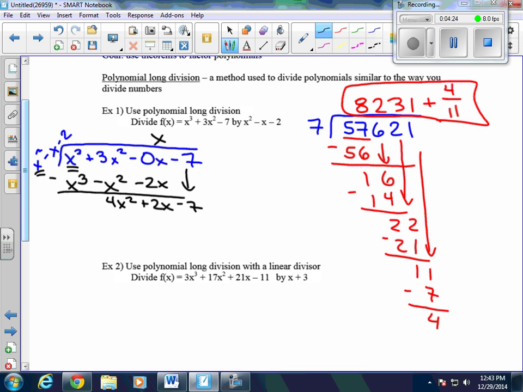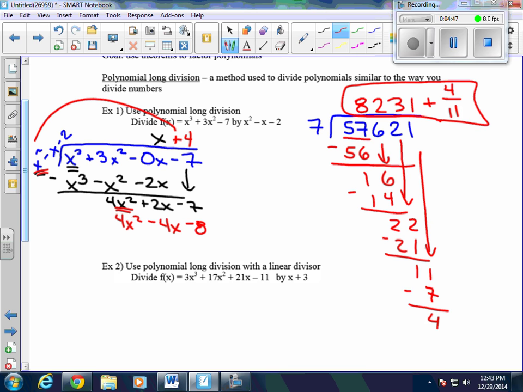Well, now, how many times does x squared go into 4x squared? Well, what times x squared gives you 4x squared? And that's going to be 4. So 4 times x squared is 4x squared. 4 times negative x is negative 4x. 4 times negative 2 is negative 8.